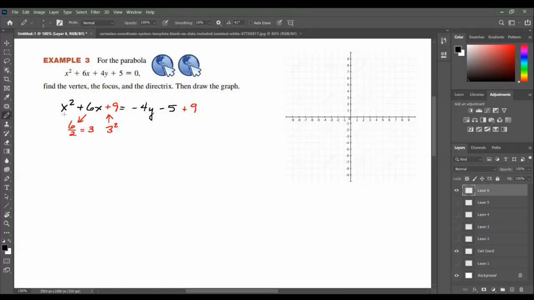So now I've got x^2 + 6x + 9, which is a perfect square trinomial. That factors directly into the variable, and then the middle term divided by 2, quantity squared. Go ahead and add like terms over here.